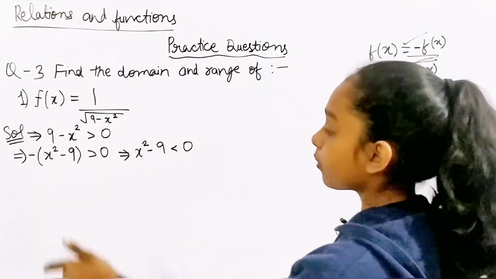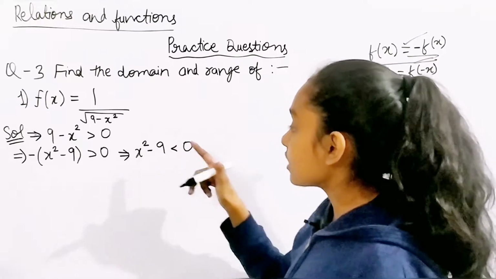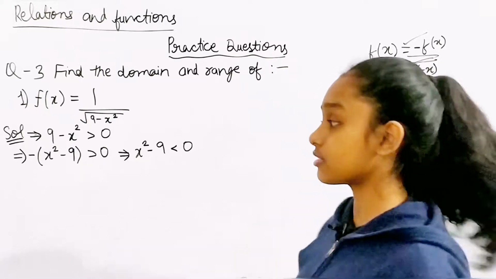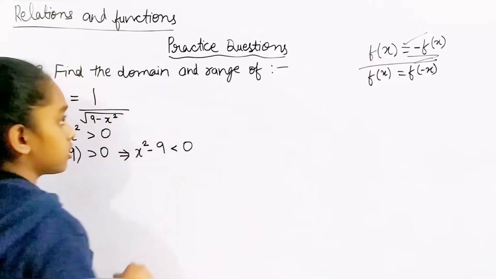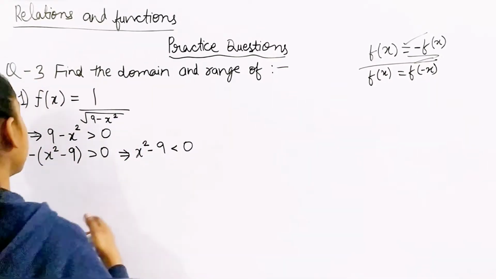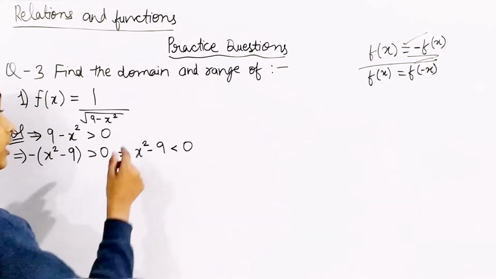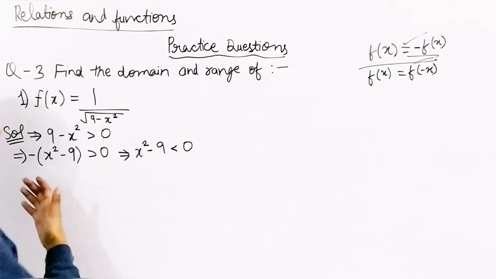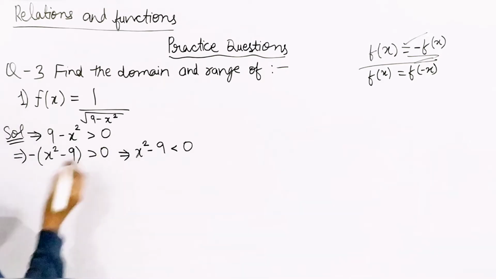If I just remove this negative sign, then x squared minus 9 will be less than 0. This is the second thing we got from this. So it's an odd function, and by removing its sign and writing x squared minus 9, it's going to be smaller than 0, which means it can be negative.